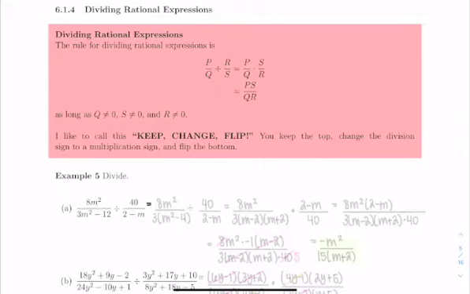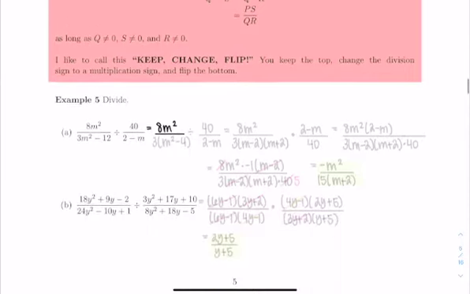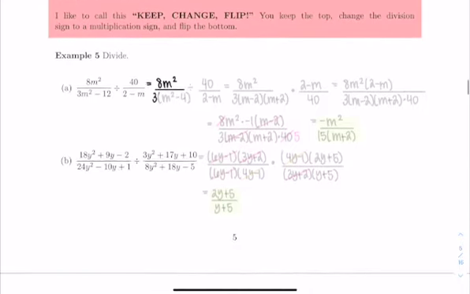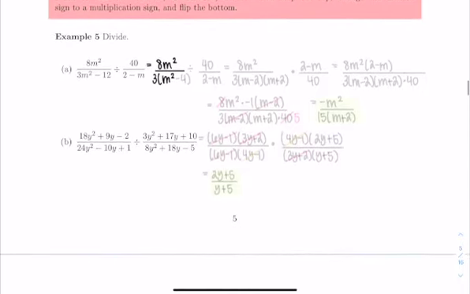So for example number 5, let's look at the first rational expression. We have 8m squared, and I can't really do anything with that. On the bottom, I can factor out a GCF of 3, and I'm left with m squared minus 4, divided by, we have our 40 over 2 minus m, which really can't be done.